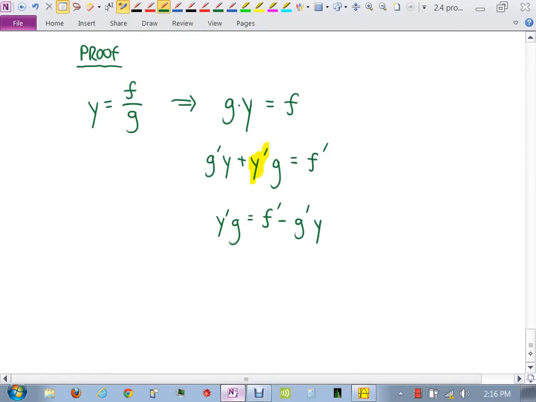All I did was move the g prime y to the other side, right? What do I still need to get out of there? Divide by g. So y prime equals f prime minus g prime y all over g.